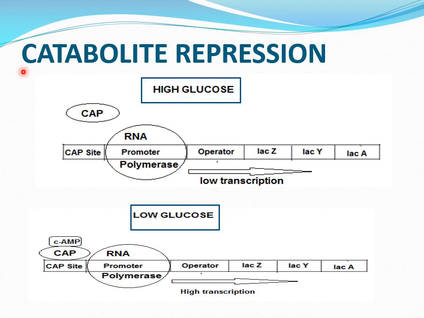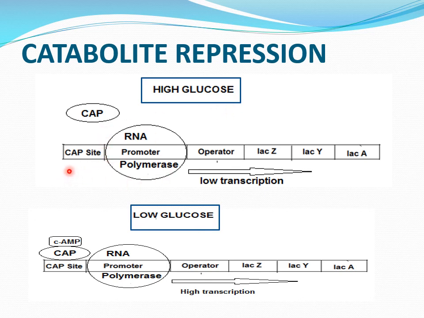That means that in the presence of cyclic adenosine monophosphate molecules, this RNA polymerase binds to the promoter site and then carries on the transcription of this polycistronic unit, if the repressor protein is not there, that is in the presence of lactose. So under conditions of high glucose, how does this glucose affect this process?